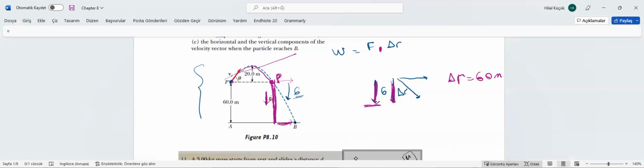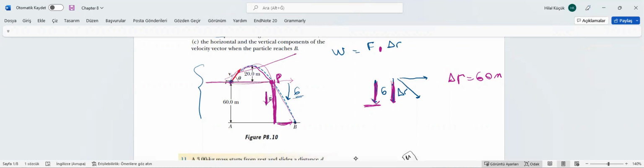Did you understand this part? Of course, you may think, look here, start from here and go that way. But it comes to the same point in the y direction.